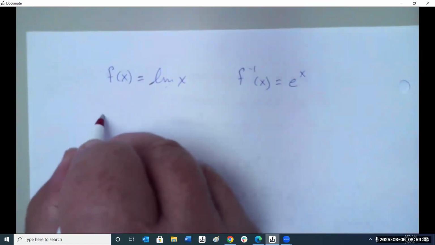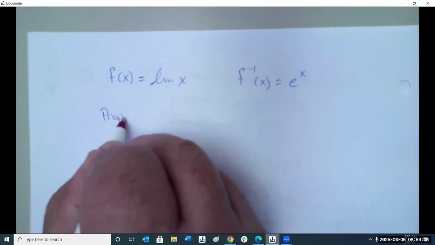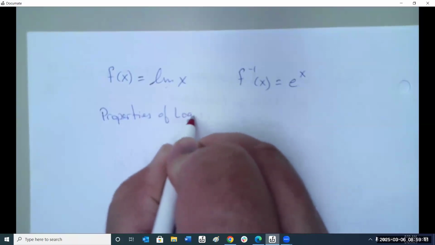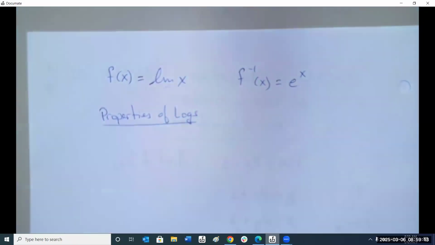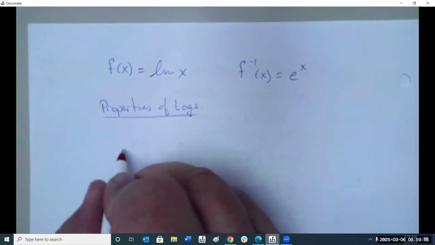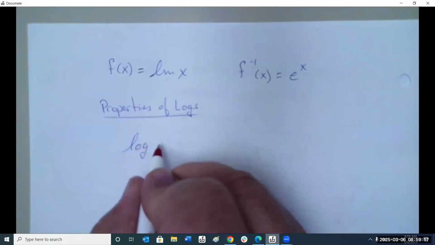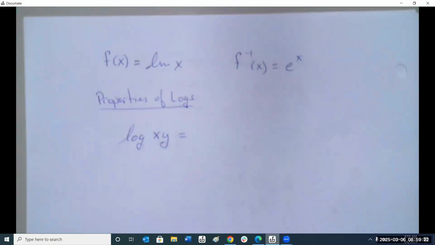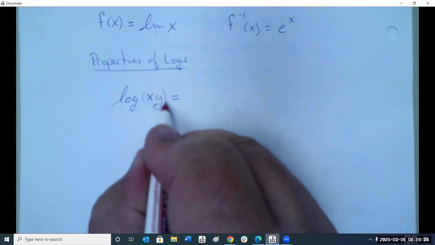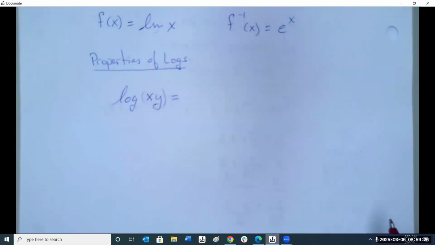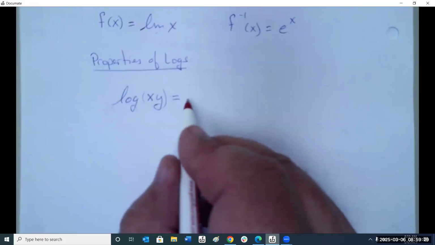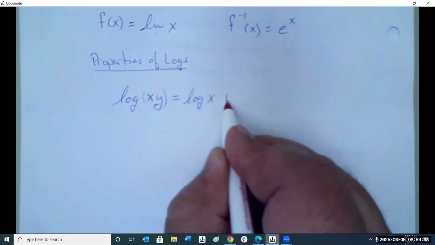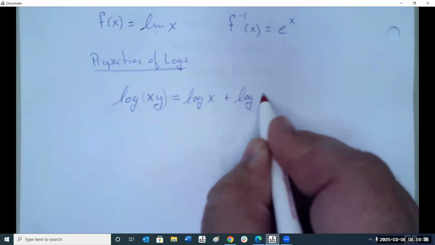For example, if you have a product, log of x times y, what does that equal? Log x plus log y.